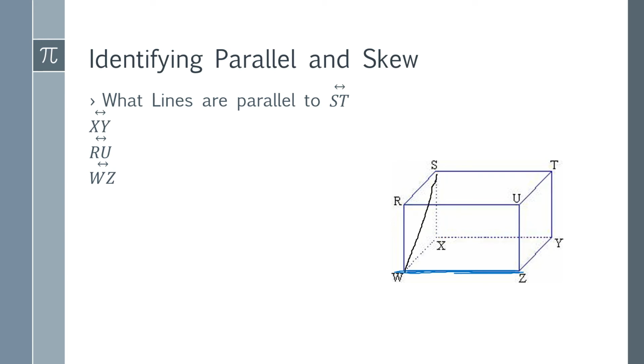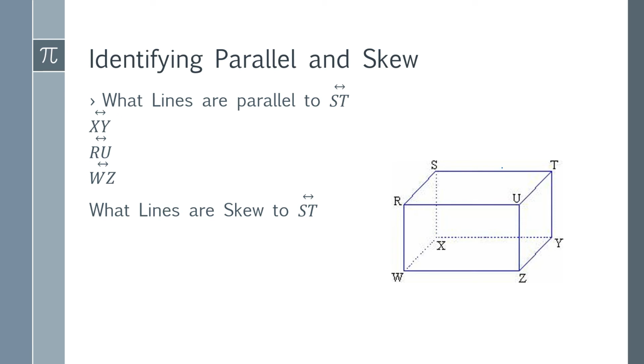So now what about some skew lines here? So let's take a look at some lines that are skew to ST. Now in order to be skew to ST, it would have to be in a different plane. Now it can intersect the plane, but it can't be in the same plane.